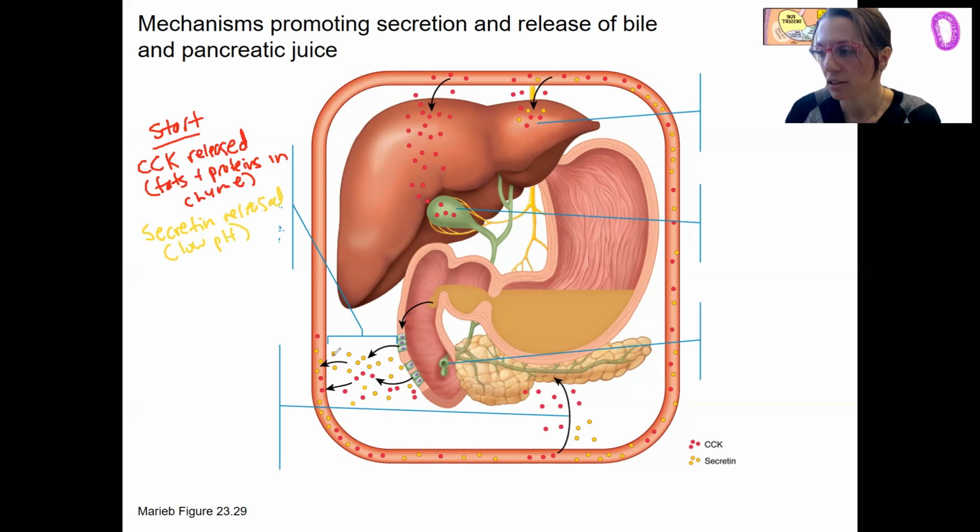All right, we've got the stimulus. CCK is going to enter the bloodstream and is going to target first the pancreas. So at the pancreas, CCK first, that's what I said. Let me change my color.